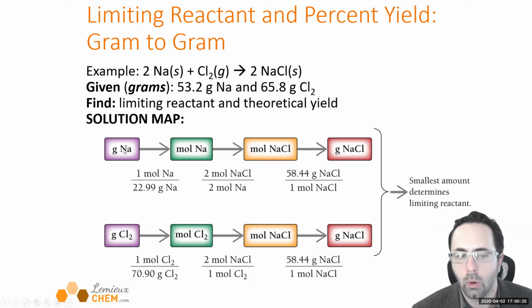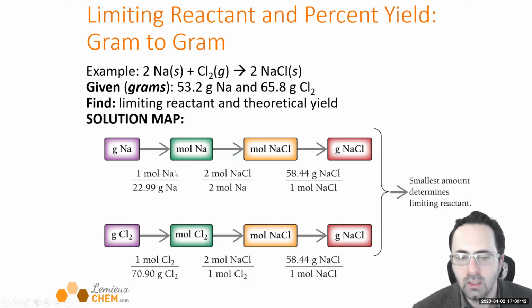So we're going to do for sodium, step 1, convert from grams of sodium to moles of sodium. Step 2, convert from moles of sodium to moles of sodium chloride that could be produced in this reaction. And then from there, go from moles of sodium chloride to grams of sodium chloride. Step 1, step 2, step 3.